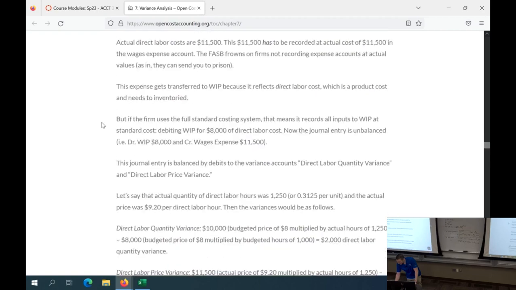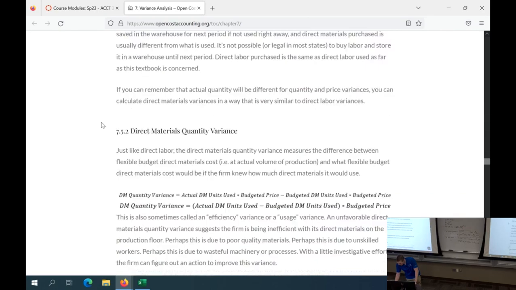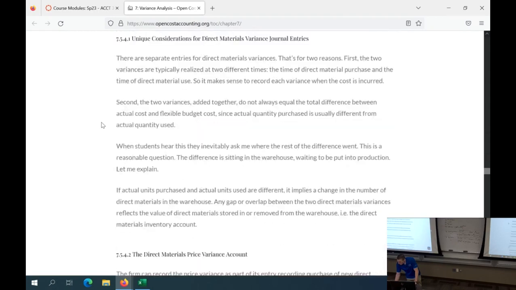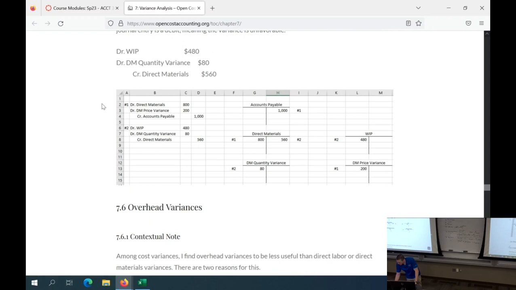Great. Let's move on to direct materials and why it's different. I want to go to this so you can compare it. Direct materials plays out differently. With direct materials, we have one event, and then maybe in the same period, maybe not, we have a second event.